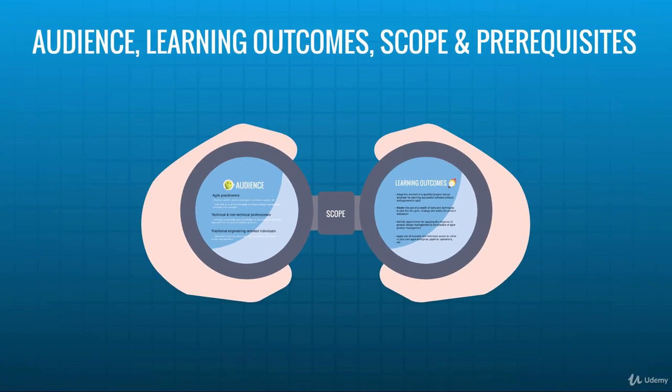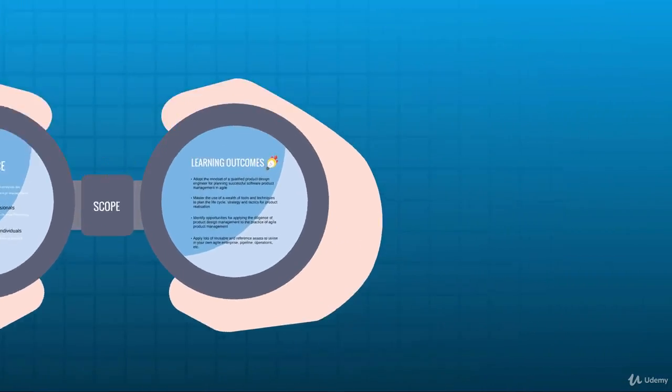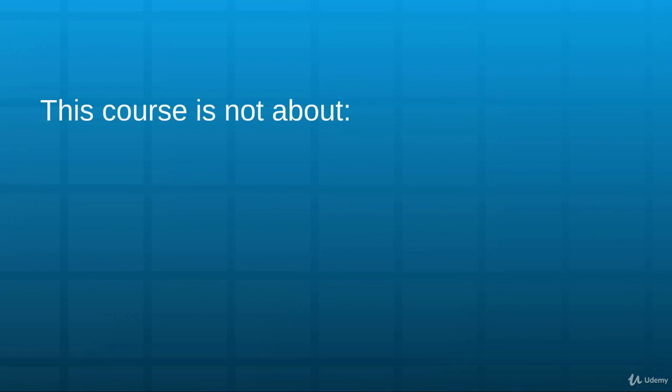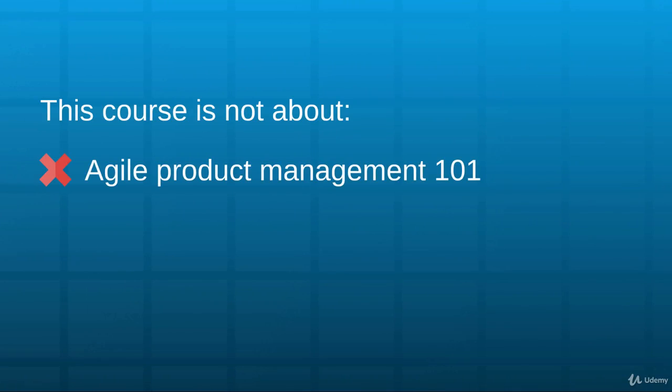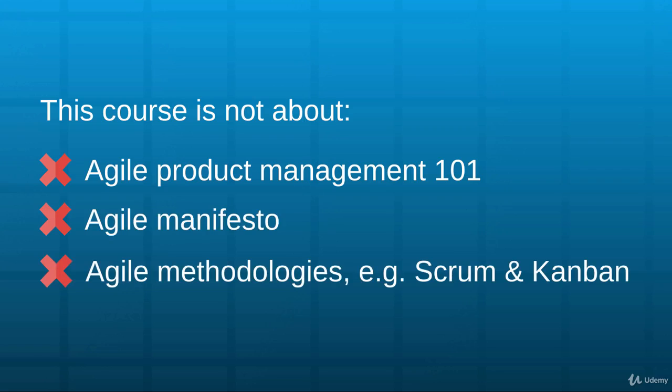So, because of the quite specialist nature of this course, this means that we won't be dealing with Agile Product Management 101 here. For example, this course is not about the Agile Manifesto or Agile methodologies like Scrum and Kanban, meaning topics like backlog management, user story mapping, Agile ceremonies, and so on are not within our scope.